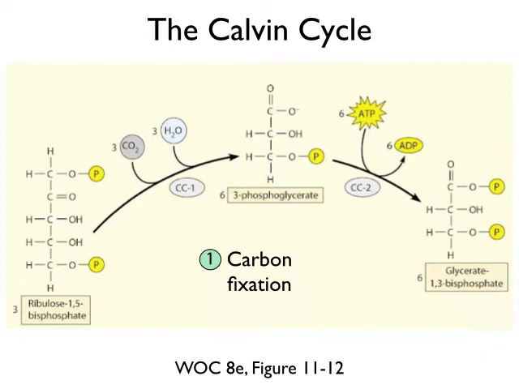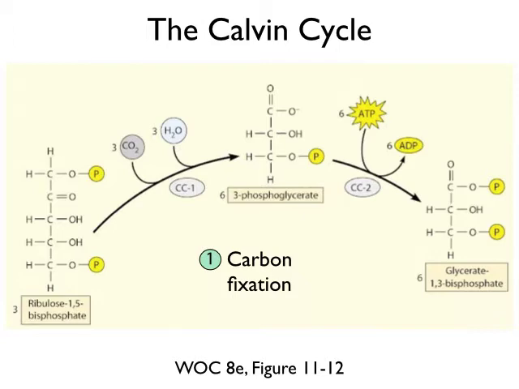So remember, the first step of the Calvin cycle is to take 3 molecules of carbon dioxide. To balance this reaction, we need 3 molecules of water as well as an input. And we have 3 ribulose 1,5-bisphosphate molecules that have been moving around the cycle. And we combine these to generate 6 molecules of 3-phosphoglycerate or 3-phosphoglyceric acid.